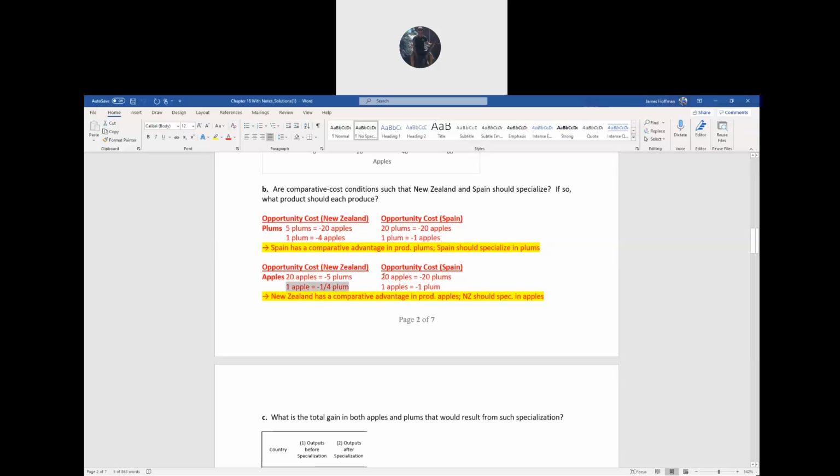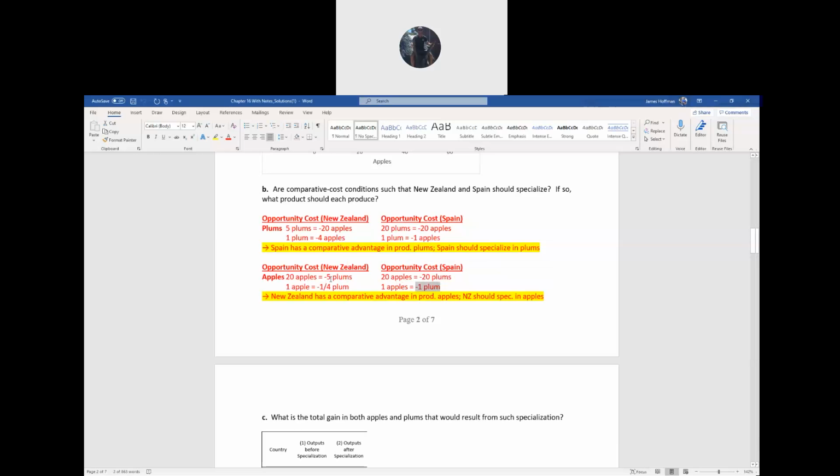All right? We know that Spain was 20 to 20 or 1 to 1. So if one plum equals one apple, then one apple is going to equal one plum, or one apple equals minus one plum. So who gives up less in terms of one apple? New Zealand gives up only 1/4 a plum, where Spain gives up a whole plum.